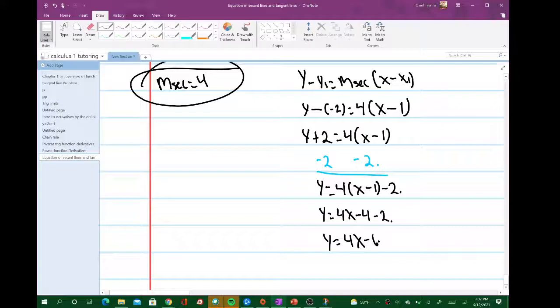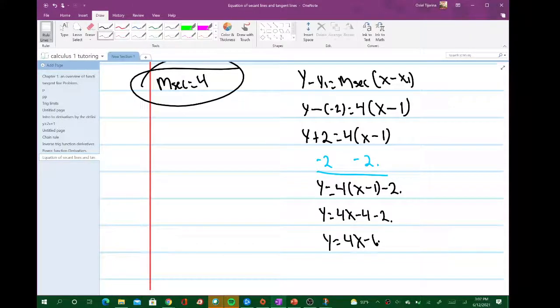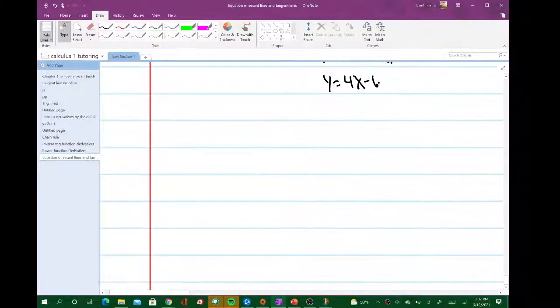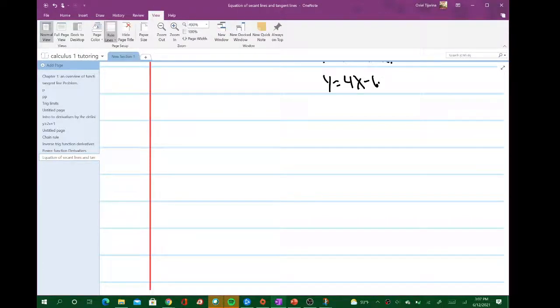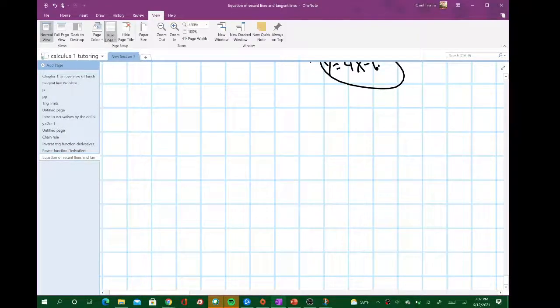And we can prove that by graphing this, right? If we graph both functions, we can prove that this is the equation of the secant line between those two functions.